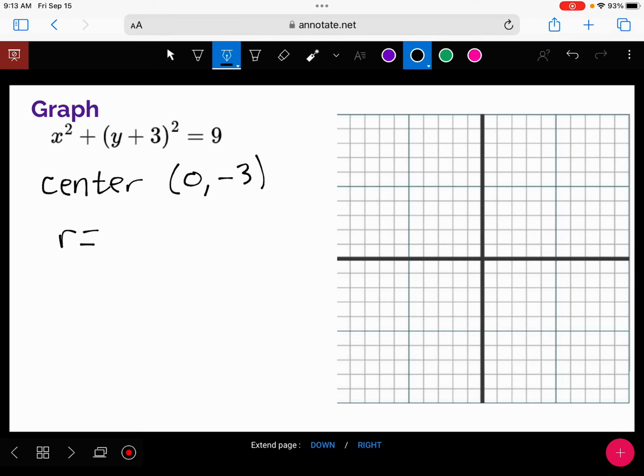What's our radius? It's 3. So our center is at 0, -3. I have a radius of 3. X minus what gives us x squared? X minus nothing. If there's nothing there, what's the mathy word for nothing? 0.